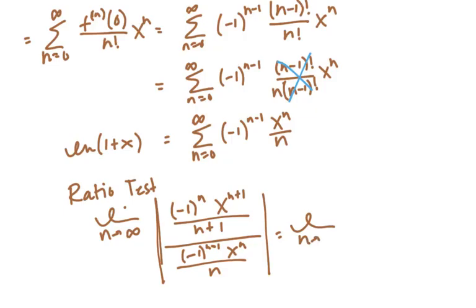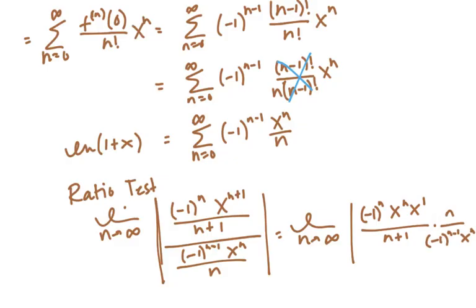So we have the limit as n approaches infinity of negative 1 to the n minus 1 times negative 1. Can we just leave it as n? x to the n, x to the first, over n plus 1 times negative 1 to the n minus 1, x to the n over n becomes on top.